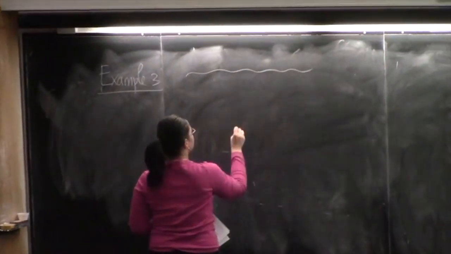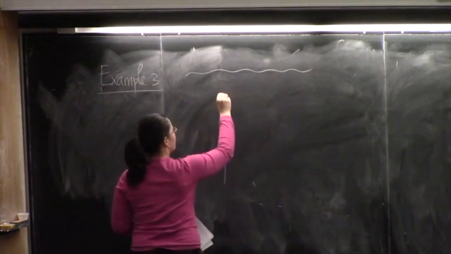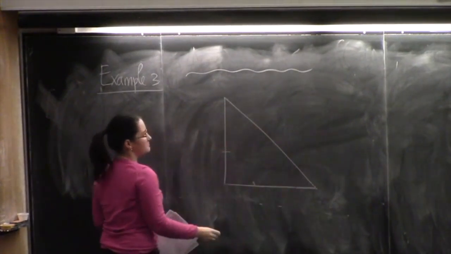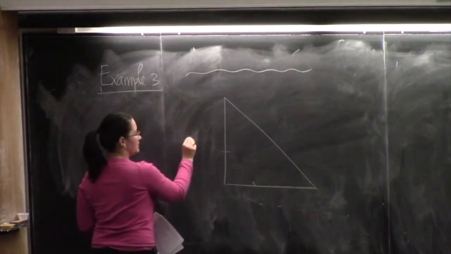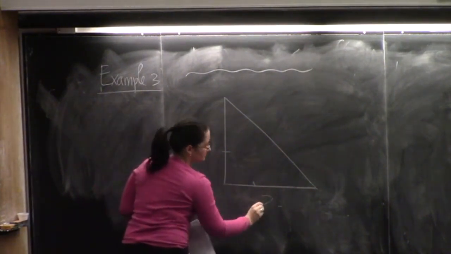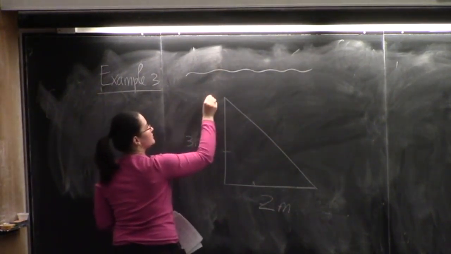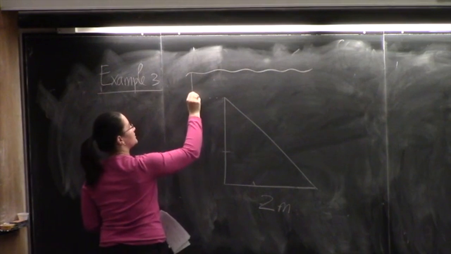So this is the surface of the water. This is the triangle. My own triangle is submerged deeper under the water. 3 meters here, 2 meters here. And from the surface of the water here, 4 meters.